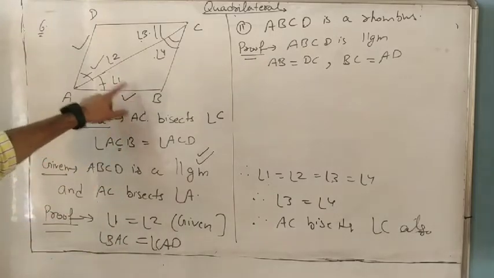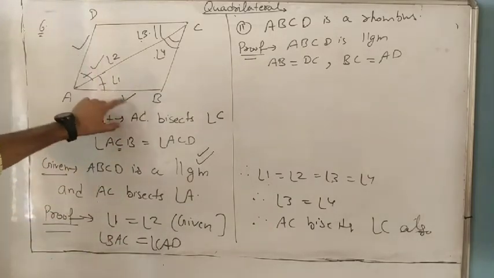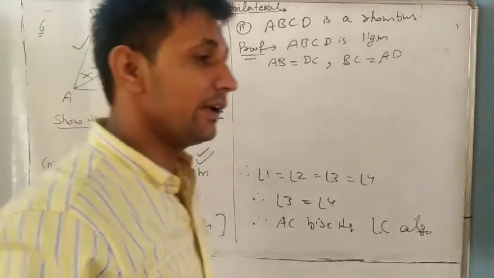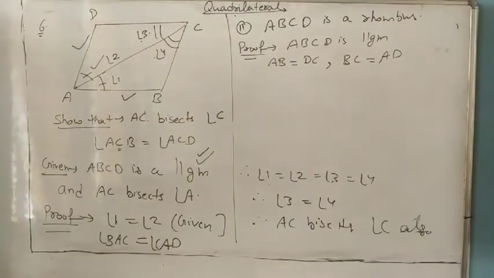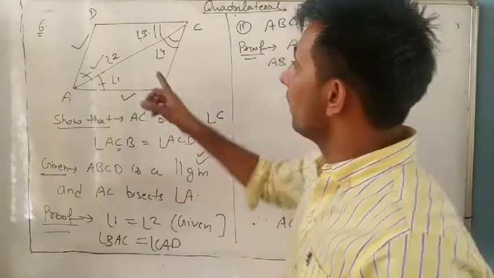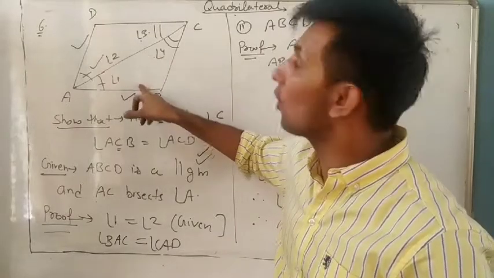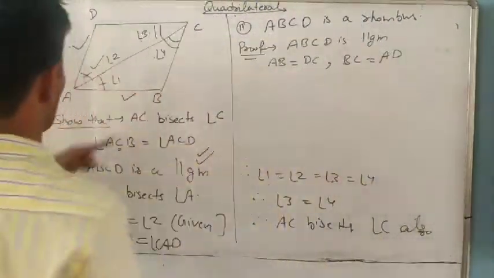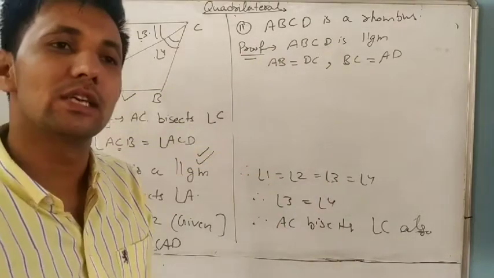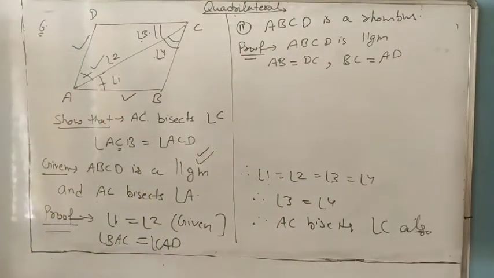AB and AD are in two different triangles, and in two different triangles, two sides are equal in what condition? If both triangles are congruent. So we will prove that these two triangles are congruent, and if triangles are congruent, corresponding parts are equal, and if corresponding parts are equal, all sides are equal. If all sides are equal, it means it is a rhombus.